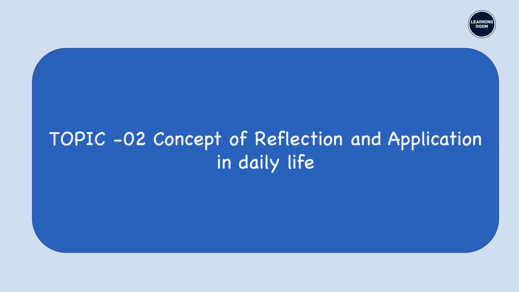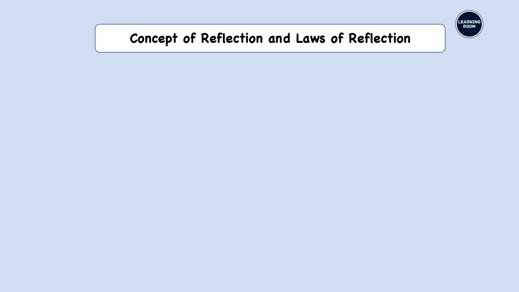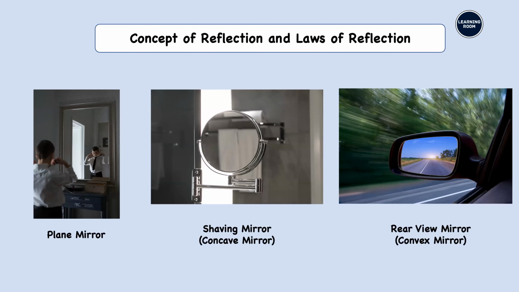Right. So the next concept that we are supposed to see is the concept of reflection and laws of reflection. In the previous context, we saw that these are all the places where reflection is applicable because these are all mirrors. So mirrors exhibit the phenomenon of reflection.